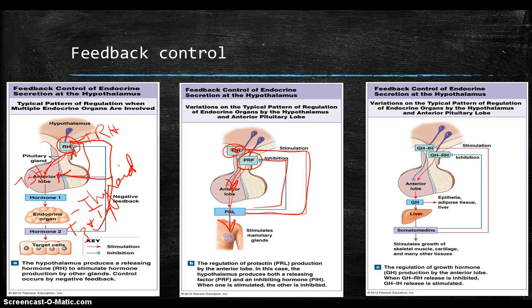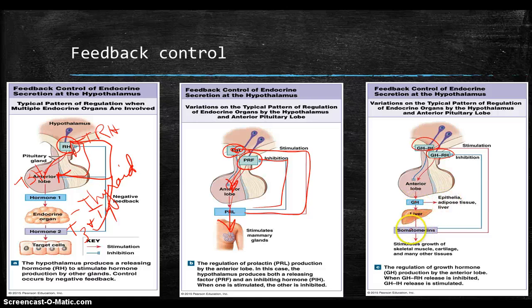This third pattern is typical of growth hormone. We get the growth hormone inhibiting hormone or releasing hormone from the hypothalamus, and it again is going to act on the anterior lobe of the pituitary. If it is the releasing hormone, we get the growth hormone, which then is going to either go to the liver or to other target cells, depending on what we need the growth hormone to do.